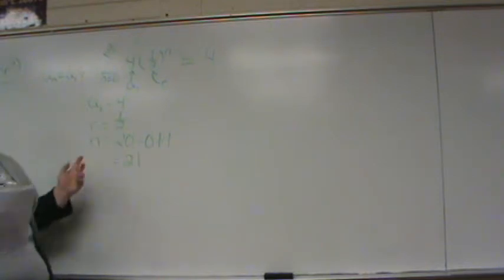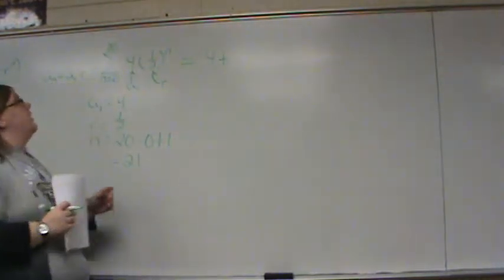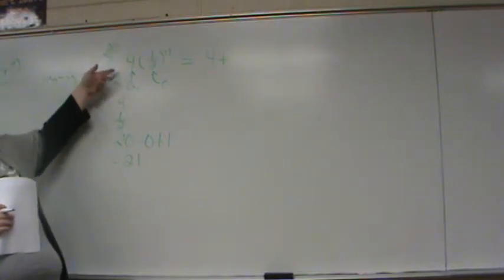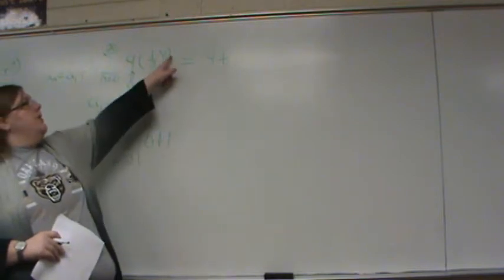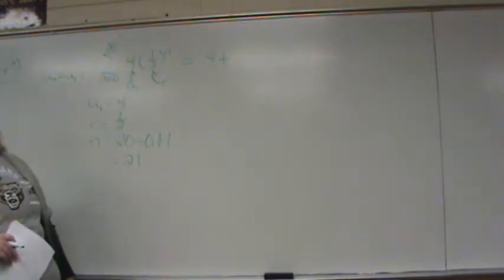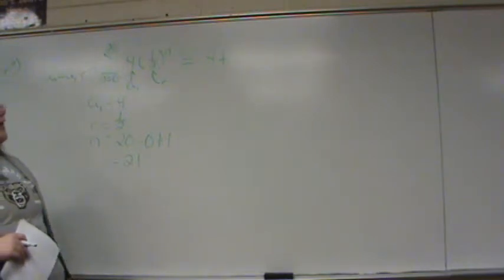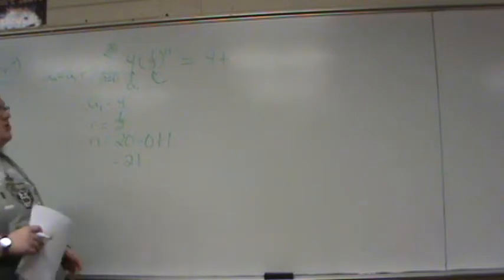If we want to find our next term, we plugged in n is 0, so now our next term would be when n is 1. So we're going to plug in a 1 here. So we have 1/2 to the 1, which is 1/2. So we have 1/2 times 4, which is 2.